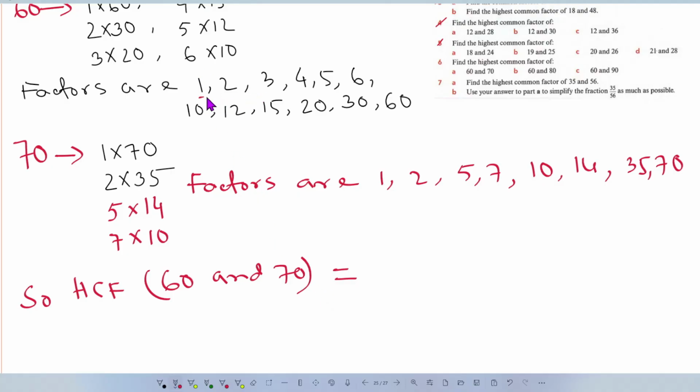Here common is 1, 2, then 5, then 10. So 1, 2, 5, 10 is a common. So highest common factor is 10, right? 10 is a highest one. So 6A done.